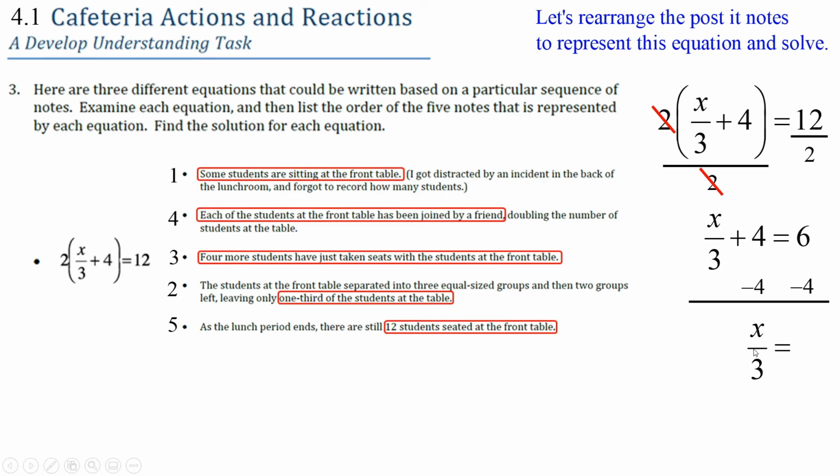What undoes division? Multiply by 3. And do it to both sides. And you do that, so now your factors of 3 will cancel, leaving x equals 2 times 3, 6. So in this scenario, with the bullets in this order, 1, 2, 3, 4, and 5, there were 6 students at the front table when lunch started.